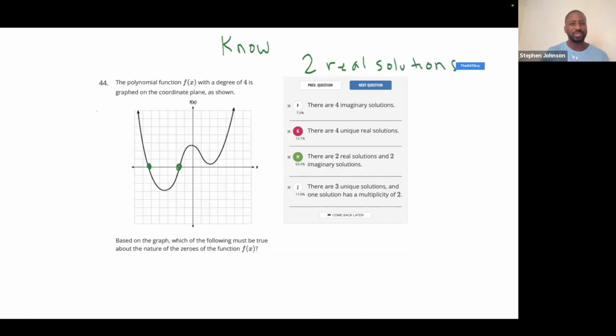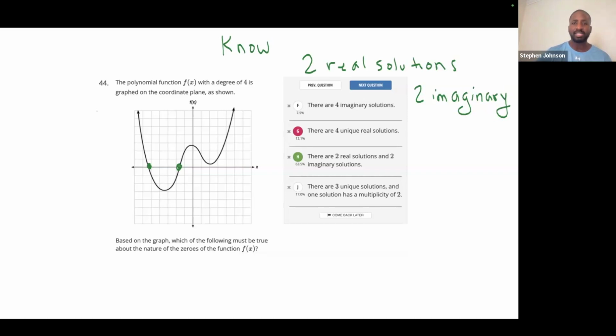So what happened to the other 2 that we were expecting? There are also 2 imaginary solutions, which, of course, if they're imaginary, we would not expect to see an x-intercept. So again, that's knowledge base. I would definitely write that down. The degree of a polynomial is equivalent to the number of solutions.